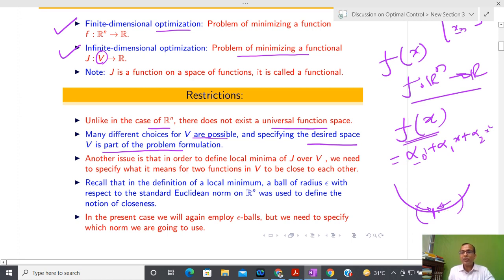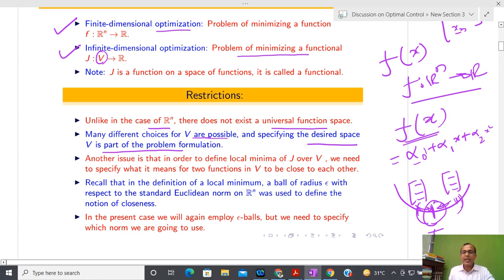At least I need two functions. In the finite dimensional case we needed tuples of real numbers, but here we need two functions, because if this function is going to minimize this functional J, I have to check on both sides, or in the whole neighborhood of this.